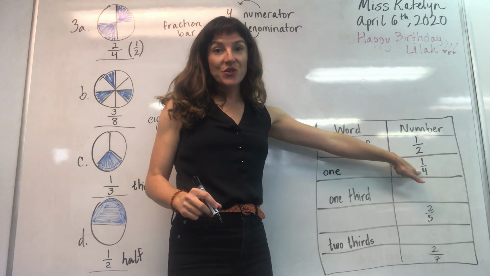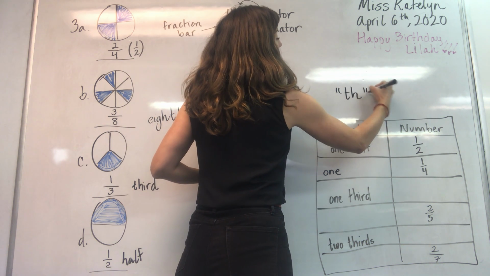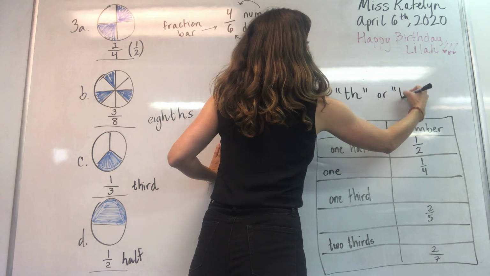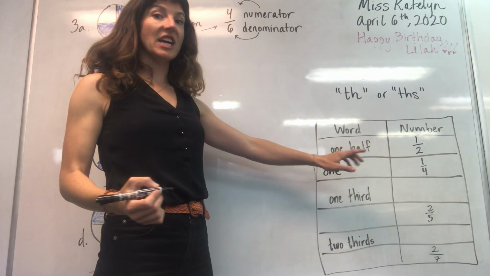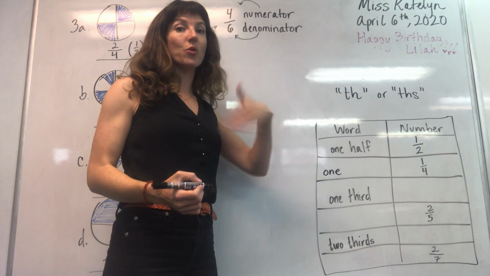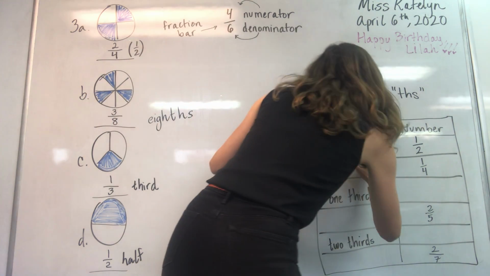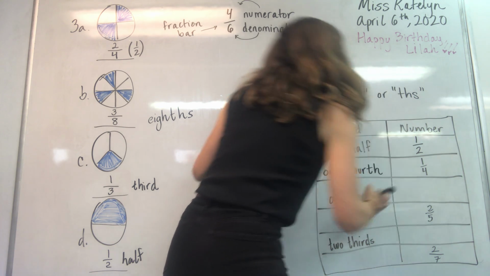And here we go. Our denominator is 4, so we're going to add the special letters. To show that it is a fraction, we're going to add the special letters TH at the end of the word for the number 4. F-O-U-R-T-H.